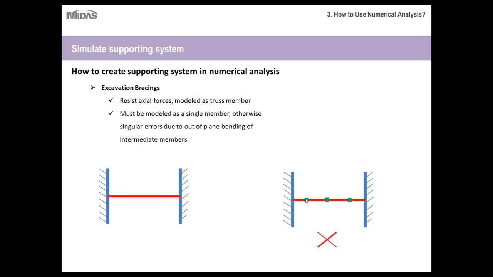Because it's a truss member, it cannot support out of plane bending or deflection, and frankly that is not our interest, to determine the bending of the struts. So therefore we are using truss members. So make sure that you don't divide them as you model them, unlike the soil nails or tiebacks.